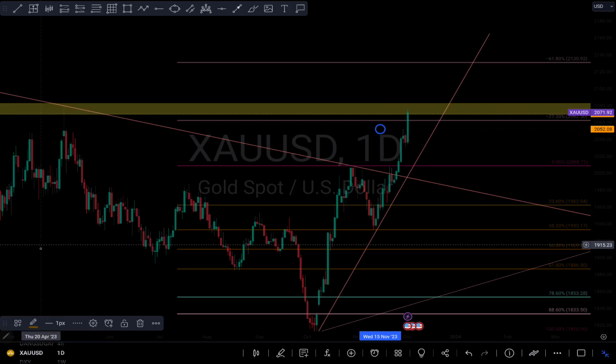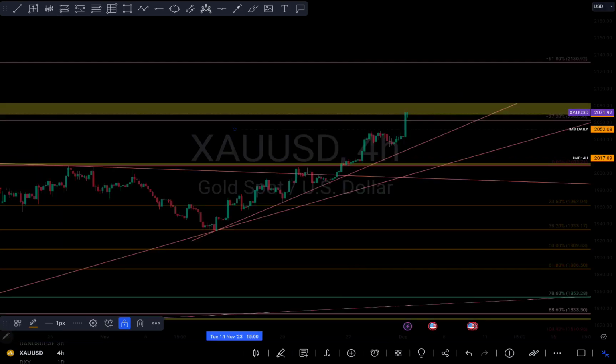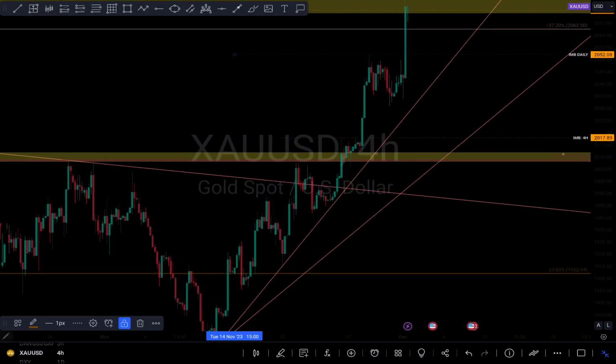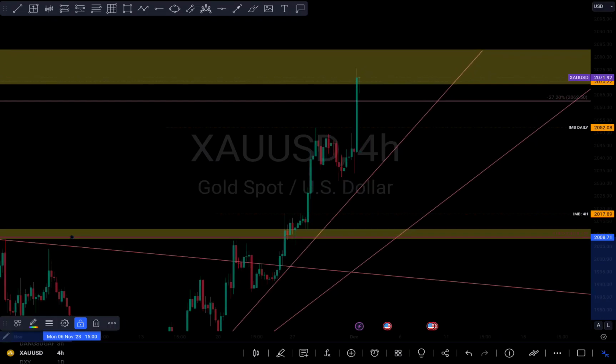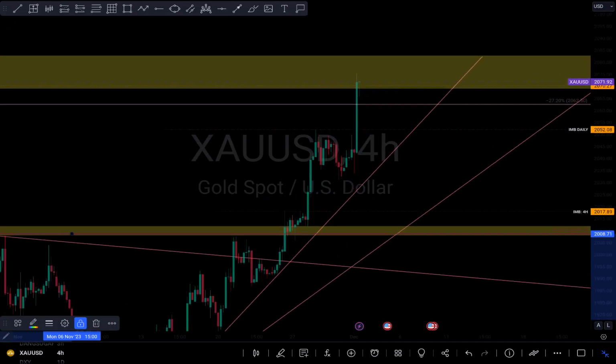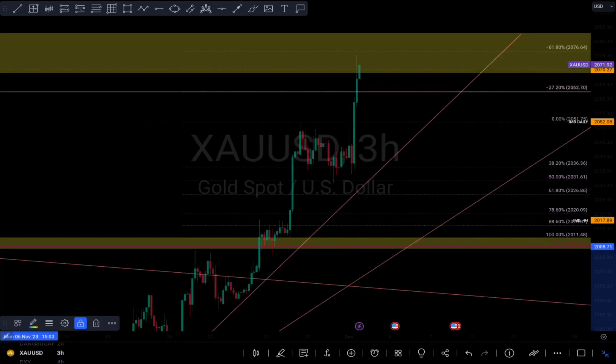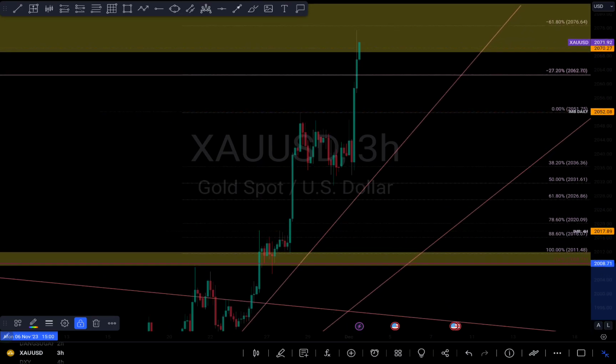So that's a daily imbalance right here. So I see it pushing down. If it pushes down, that will be a next target for me to look for before we now know what will happen. But I think because we are currently around my negative 27% fib level, which is a reversal level, there's a possibility that we might continue to the downside.